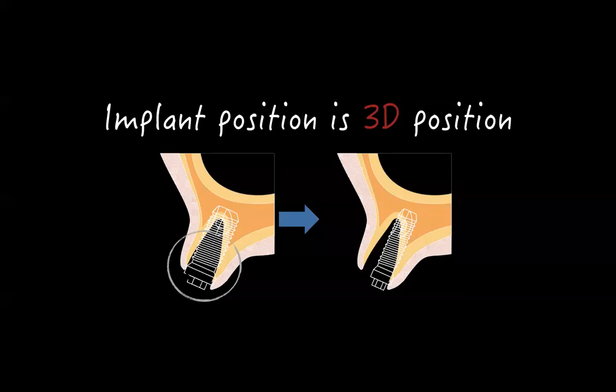And generally the strength of the implant today has nothing to do with the implant itself, but it has to do with the bone that is surrounding it. So the more bone you have around your implant, the stronger your implant will be.